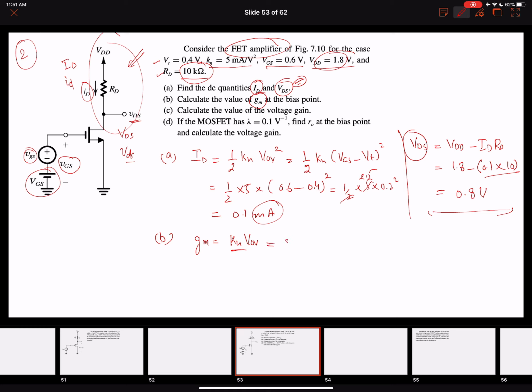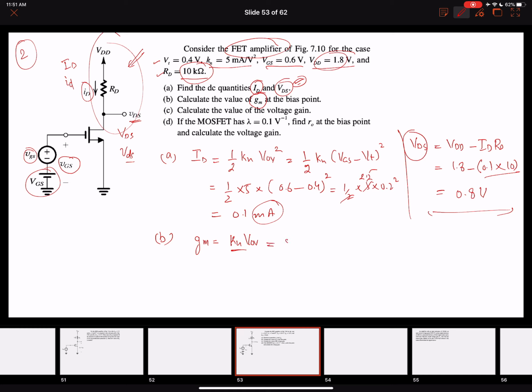So we have 10 volts here, and what is our value of the drain current? Our drain current was 0.1 milliamperes. So the value of R naught that we will get is 100 kilo ohms. So this can be 10 to the 3 here, and 0.1 can go over here to make it 100. So the value of this finite output resistance is 100 kilo ohms.